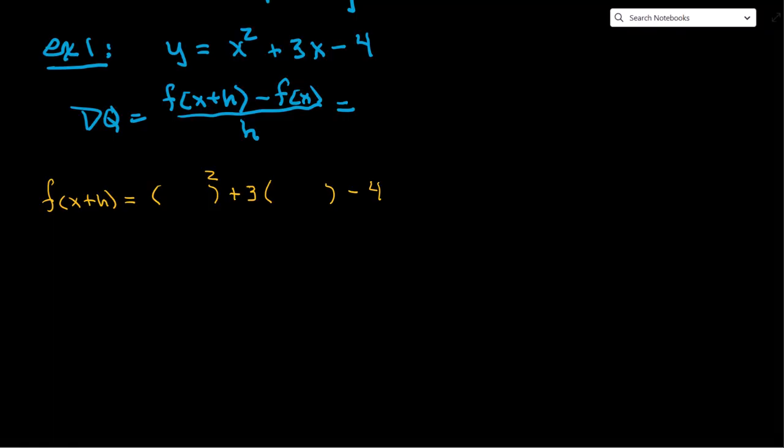And then in each of the places where there was an x, we're going to substitute in what we're defining x to be in this case. We could have called it cat, we could have called it cow, we could have called it dog, but what we're going to wind up labeling it as this time is x plus h.